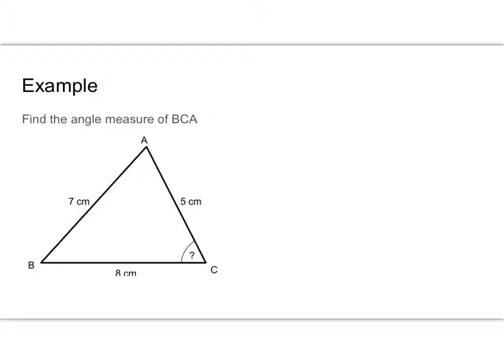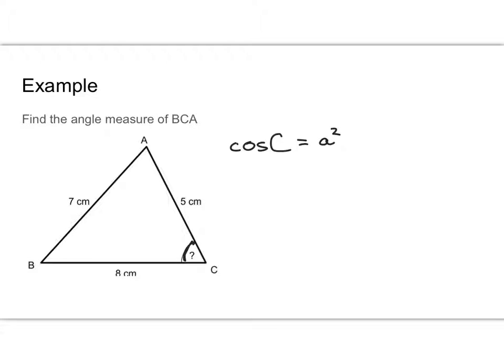So here's an example of how to find the angle. You'll notice that I'm looking for angle C. Okay, so I need to use the form that has cosine C in it. That means that instead of subtracting a squared, I'm going to subtract, you got it, c squared.